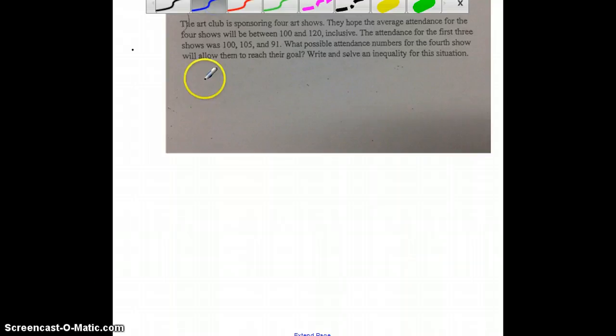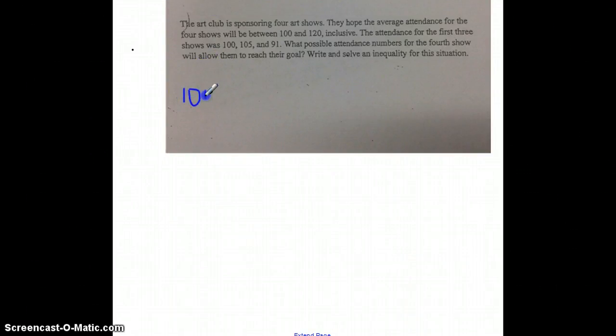So we could set up an inequality. We know at minimum we want our average to be 100. That's the minimum, and inclusive means I include the 100. The max that we want it to be is 120. We're talking about average attendance. To find an average, we add up all the items in the group and divide by the number of items.